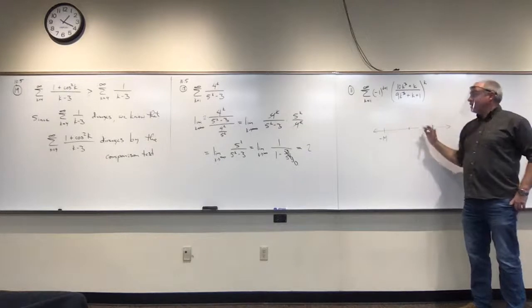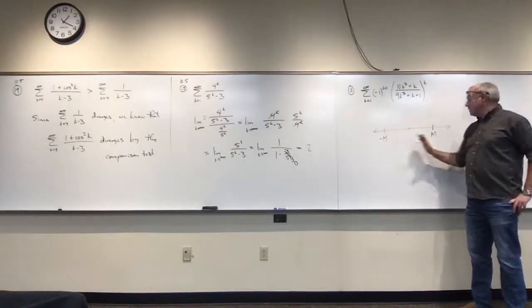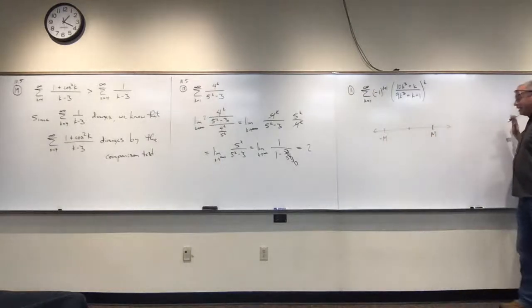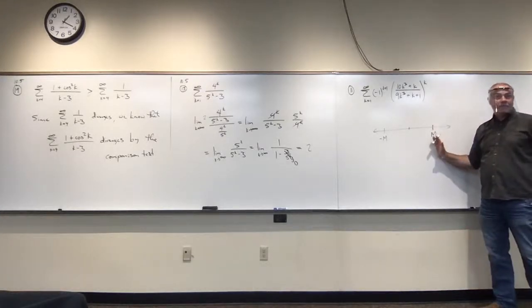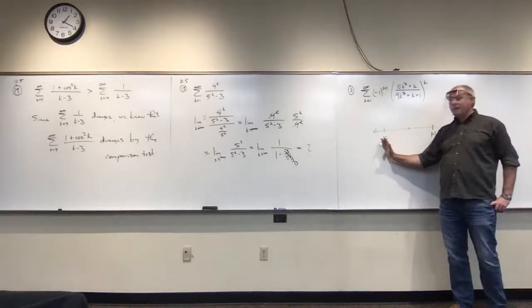I don't know if it's close to 0 or not, but it's certainly in between negative M and M. You're not going to get 3M, because you would have to be bigger than everybody being positive. So it can't be bigger than M, and it can't be smaller than negative M.